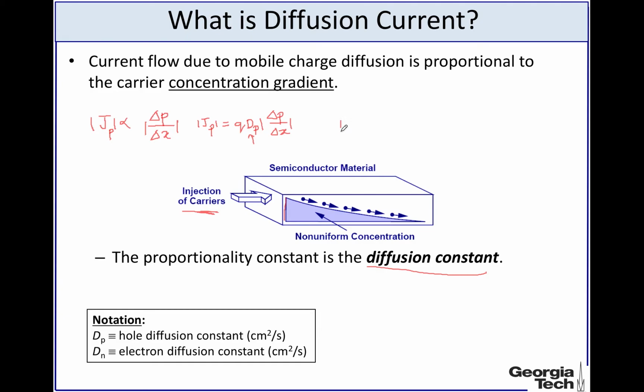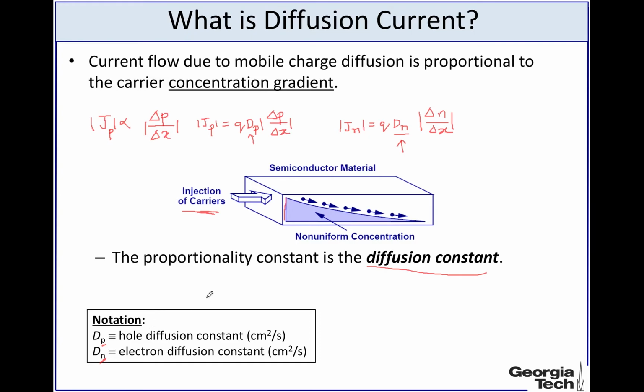Similarly for electrons, you can write Jn equals q Dn multiplied with delta n over delta x, the change in n over a distance of x. This is a simplified version. The proper version is the differential, but for the sake of simplicity we just write it as a ratio of two differences. Here we have two quantities, the hole diffusion constant Dp and the electron diffusion constant Dn.